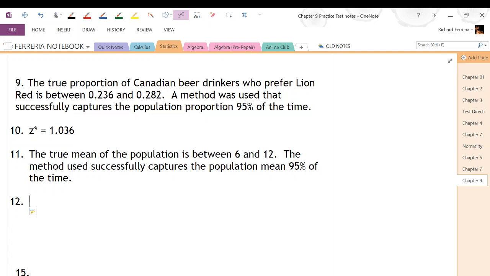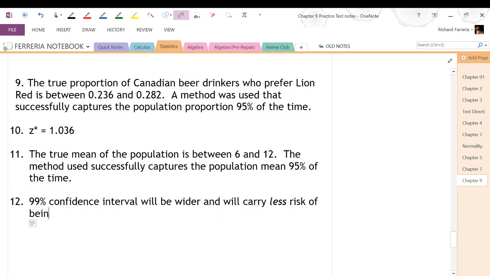Okay, so a 99% confidence interval will be wider, and will carry less risk of being incorrect. Does that basketball analogy work for everybody? Yeah.